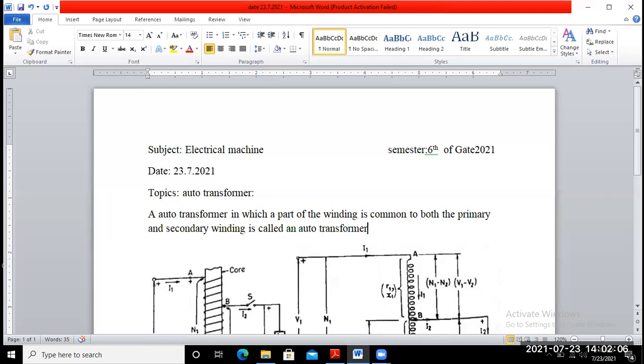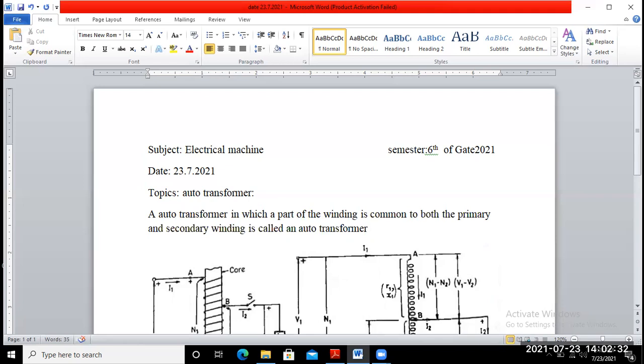In a two-winding transformer, primary and secondary winding are electrically isolated. You may remember the circuit diagram of the conventional two winding transformer. Then you may observe that the primary and secondary winding are electrically isolated. That means they are not electrically connected to each other.